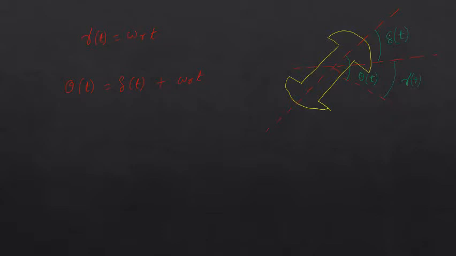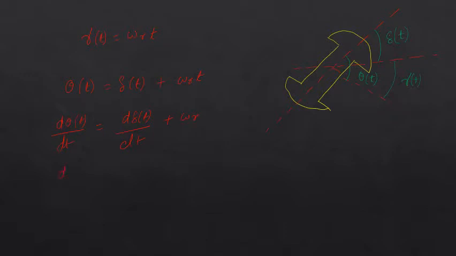Now if you differentiate d theta t by dt, it will be d delta t upon dt plus omega r.